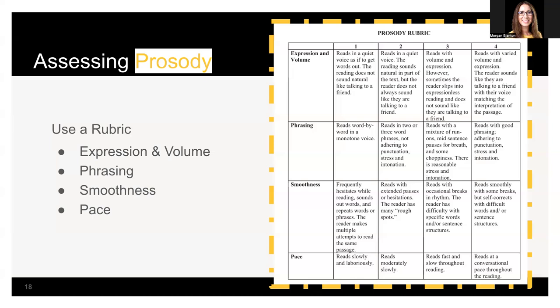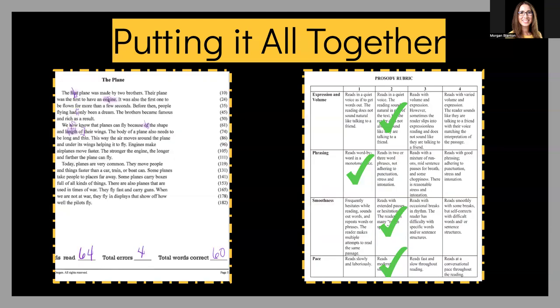And then the pace, you think about this one as it relates to rate. And so is it at an appropriate rate or not? So not too fast, not too slow, the Goldilocks rule. So putting it all together, we want to think about oral reading fluency in a full way.